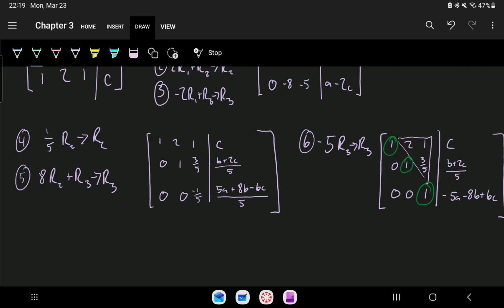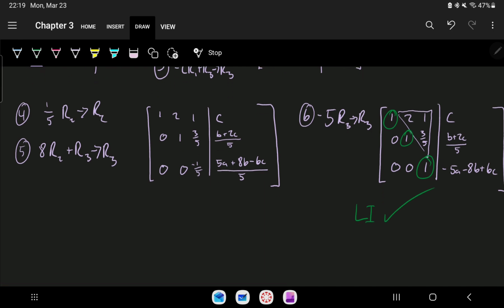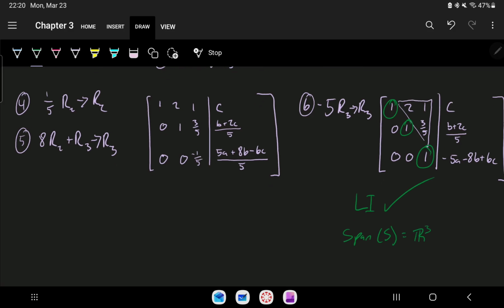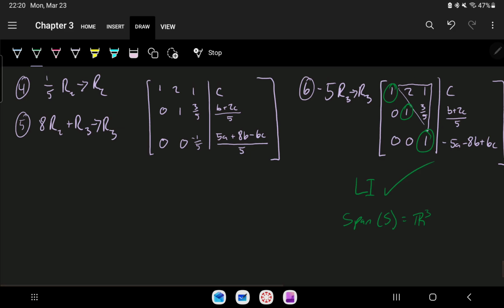We have determined that it is linearly independent. And as such, the span of this is going to be R3. Now, what does this mean?